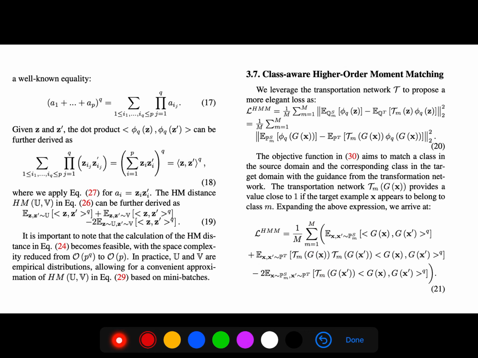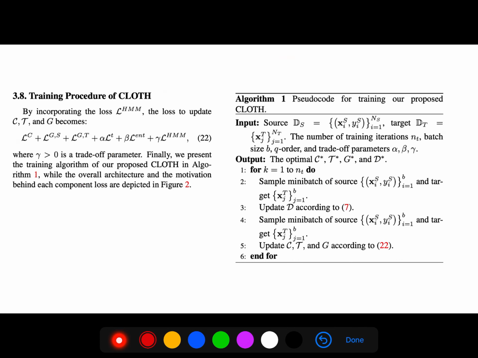They also talk about class-aware, but this time about high order moment matching. And then they train it. Given their source and target, again, this paper is just single source, single target, but we care about multiple classes. And so the optimal transport is the optimum of this.